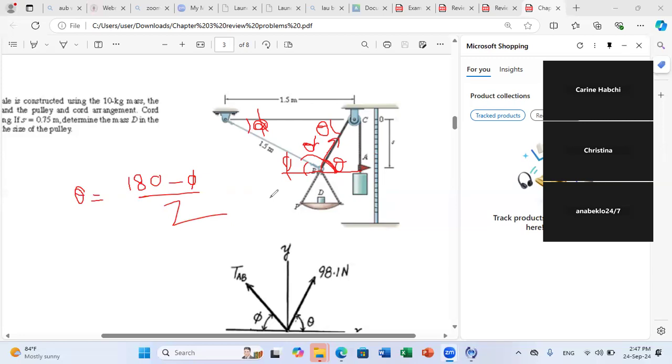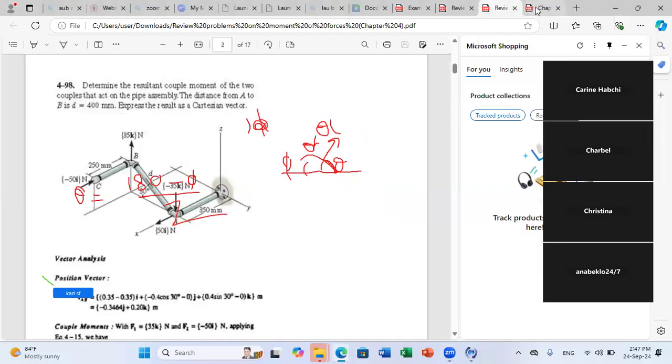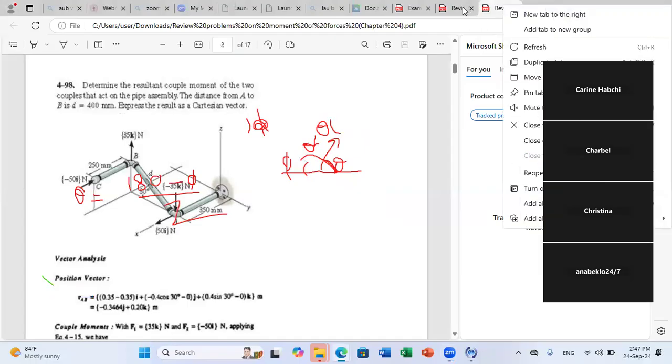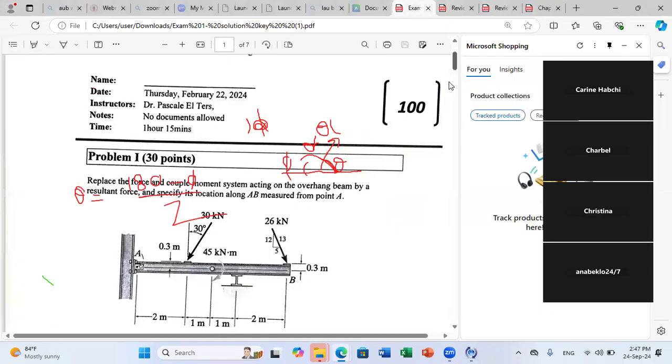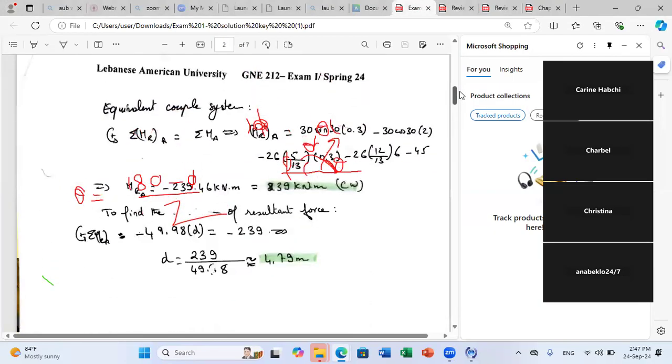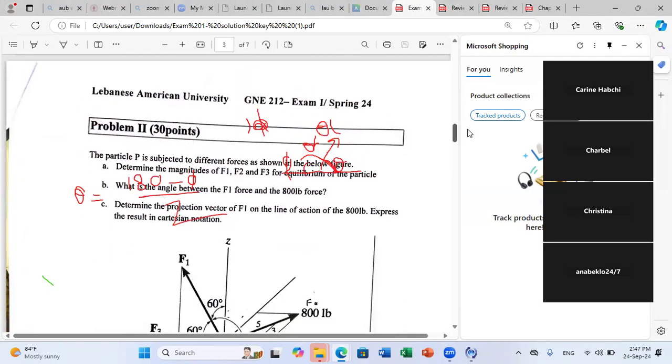Other question? Doctor, Spring 24, number 2. In the question it's written projection vector, but in the solution you multiplied by the unit vector of BC. Yes, if it's a projection component, you multiply by the unit vector of the line you are projecting on.